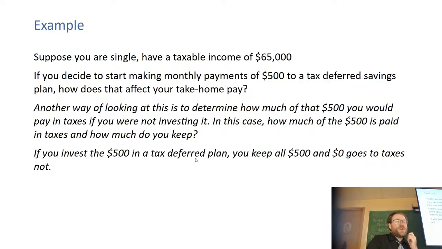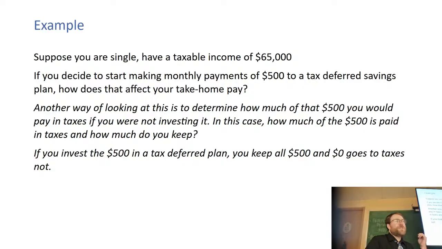If you put it in the tax deferred plan, you just keep it and you don't put anything in taxes. If you make 65,000, what tax bracket would you be in according to the table? 22%.